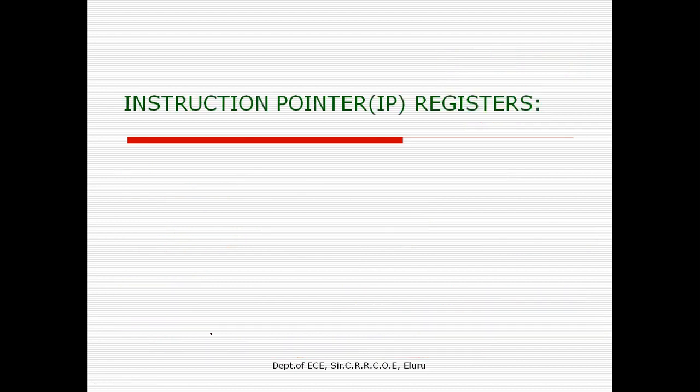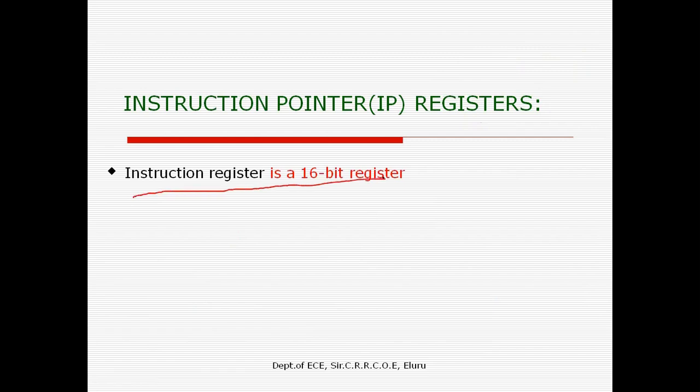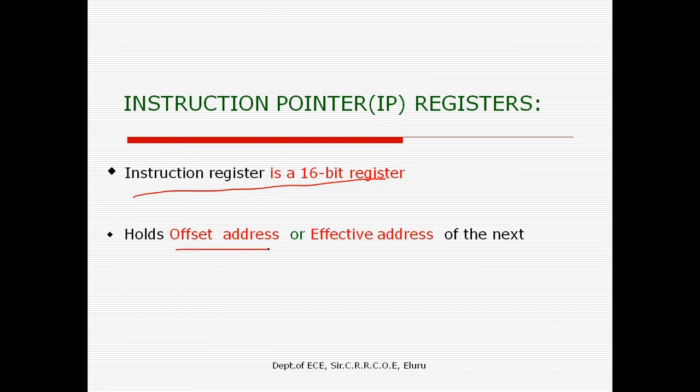The next one is the instruction pointer register. So what is this instruction pointer register? The instruction pointer register is also a 16-bit register, and it contains the 16-bit offset address. Another name for this offset address is the effective address.